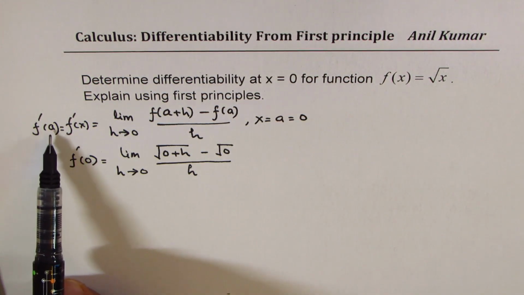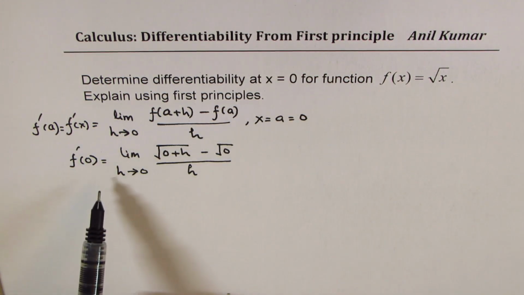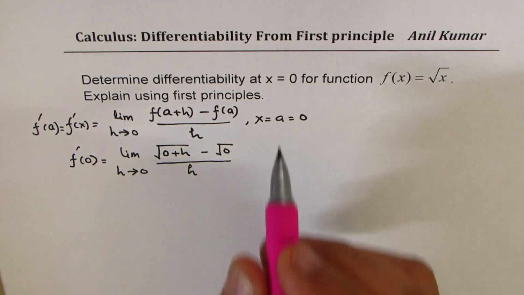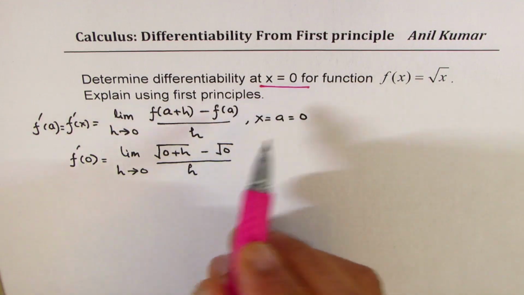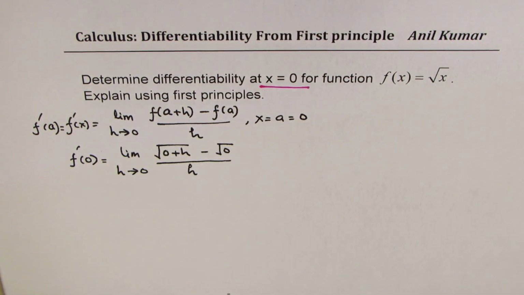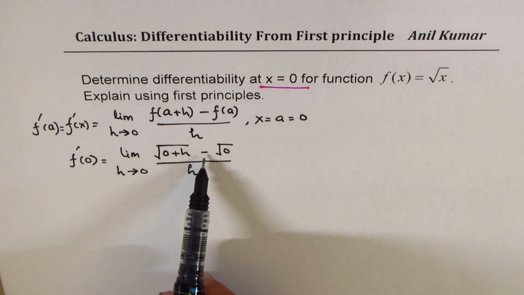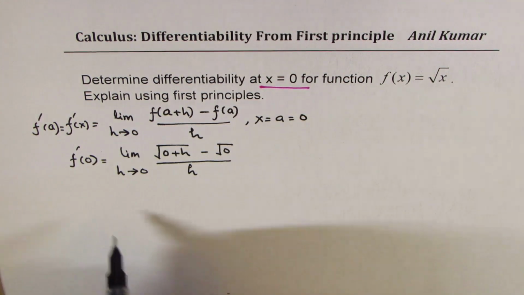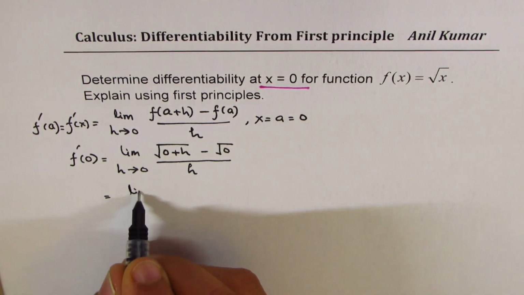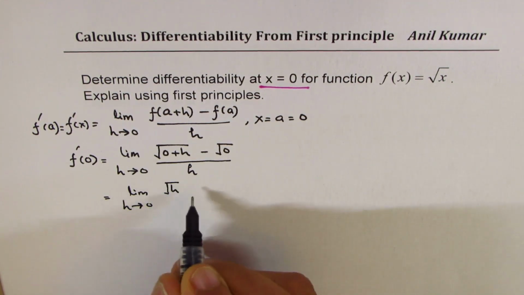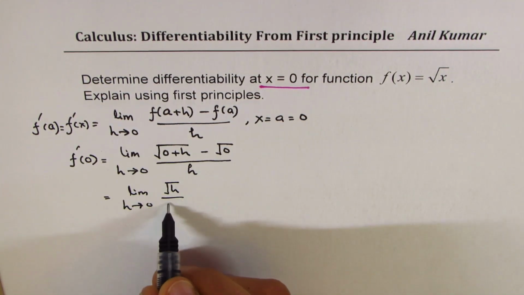And if x is equal to 0, that means I could write 0 for x. So this is what you get: limit h approaches 0, square root of 0 plus h minus square root of 0, over h. And clearly this is limit h approaches 0 of square root of h over h.